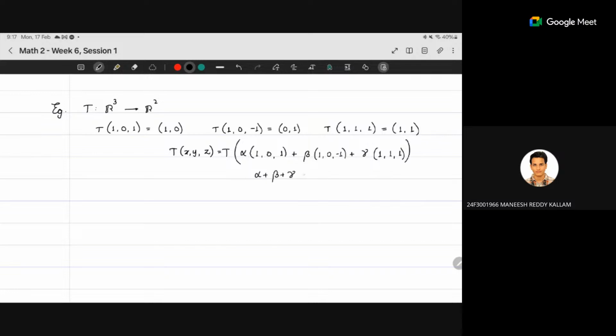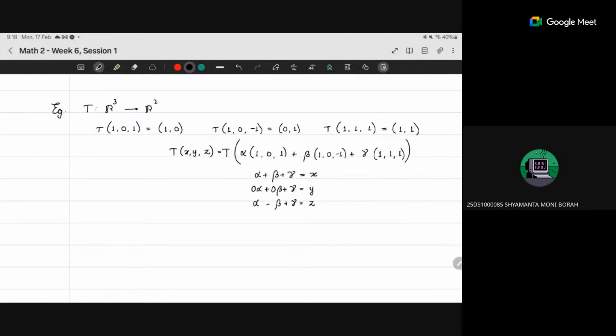Alpha plus beta plus gamma is x, and the second coordinate gives you 0 alpha plus 0 beta plus gamma is equal to y, and alpha minus beta plus gamma is equal to z. Do you see now why gamma is equal to y? Gamma is y, which is the second equation.